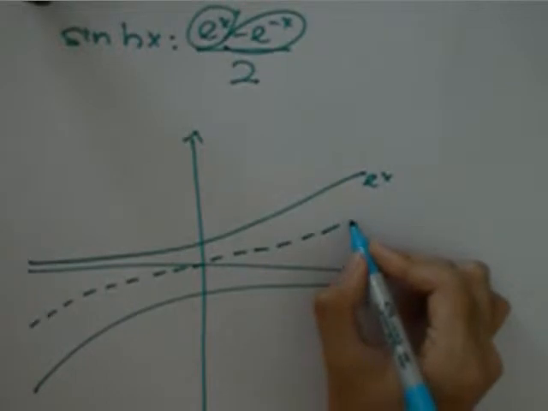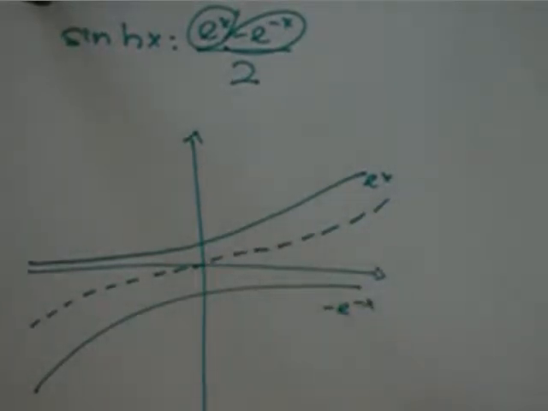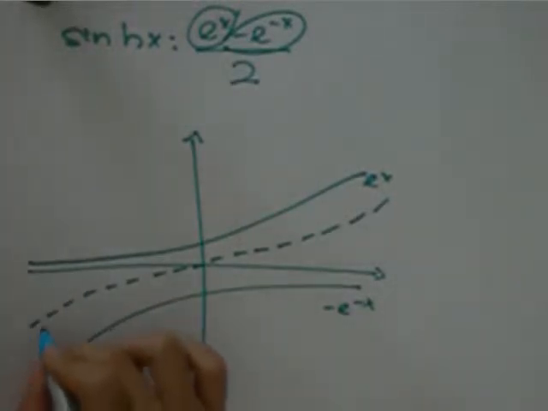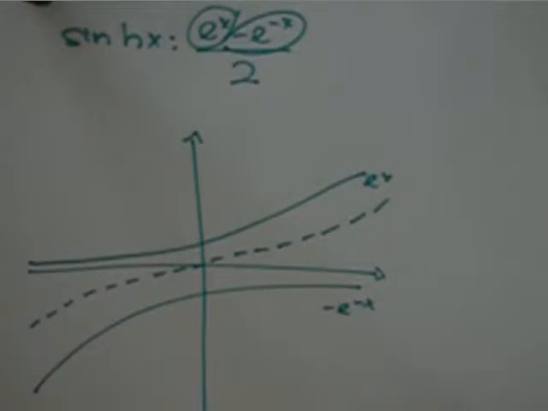It actually looks like it's in the middle of the two exponential curves. So we can actually conclude that the sine hyperbolic x graph is the midpoint of the exponential functions e to the power of x and negative e to the power of negative x.